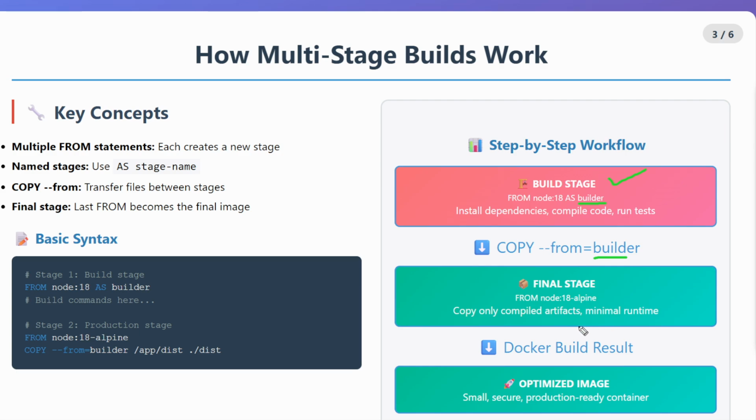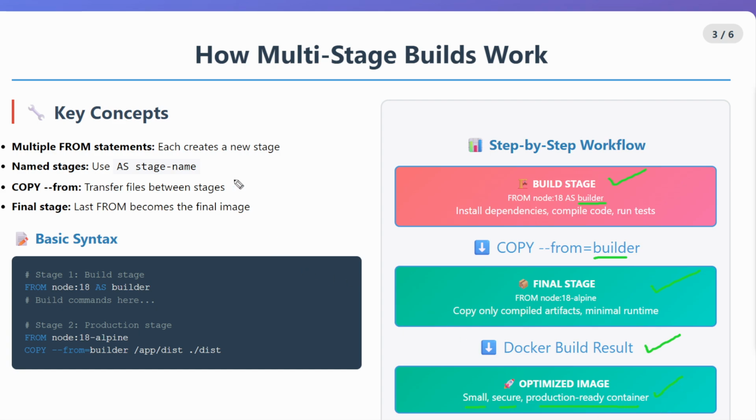We copy only the compiled artifacts and the minimal runtime that is required. This is the final stage, and then we build the Docker image. Whenever we build, it optimizes the image, and a small, secure, production-ready container will be up and ready.